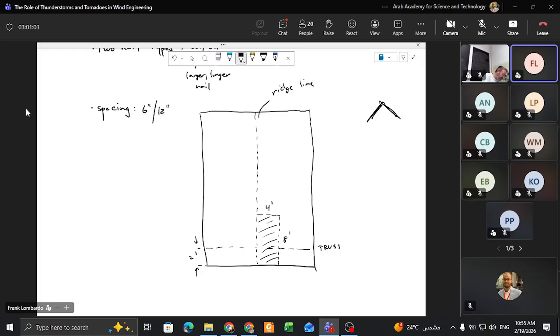And then you're going to have nail spacing, 6 inches on the edge, and then 12 inches away from the edge. So this is 12 inches. This is the edge spacing, and this is the interior spacing.